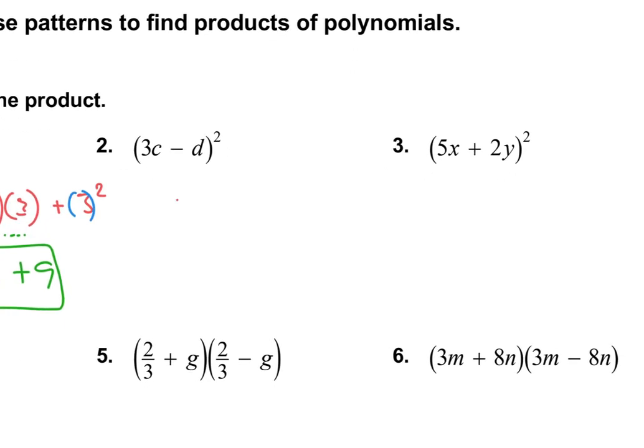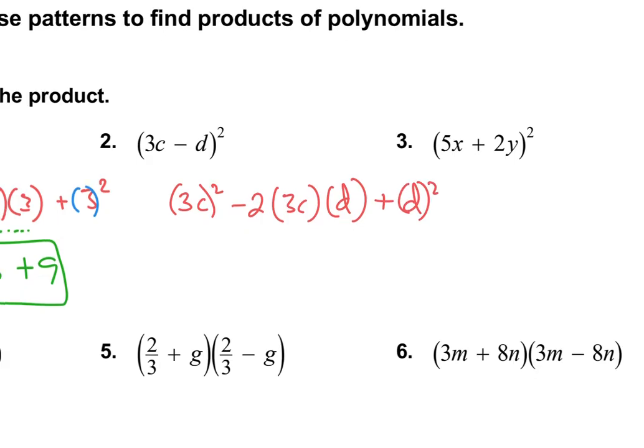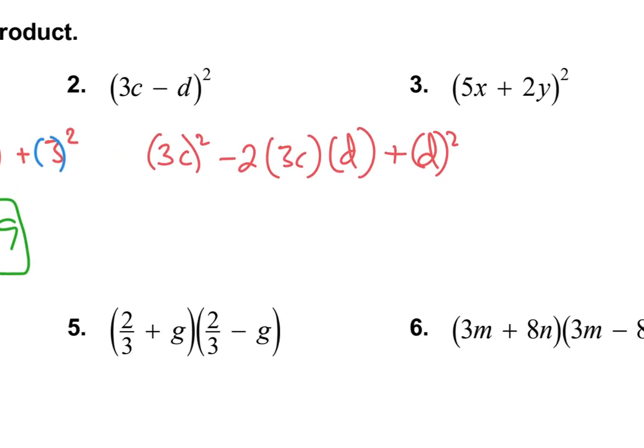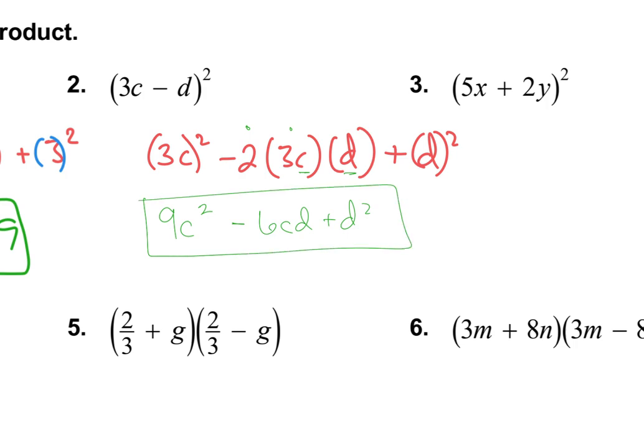It's going to be a squared minus 2 times a times b plus b squared. So what does that end up looking like? That is now going to be 9c squared. 2 times 3 is 6, and it's going to be negative 6cd, since c times d is cd, and then plus d squared. Done.